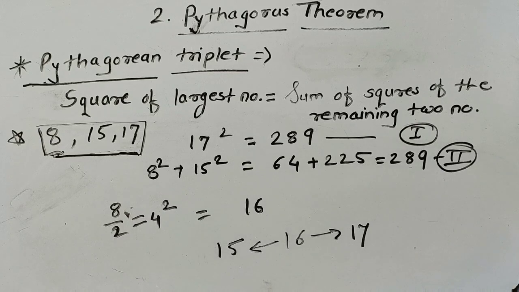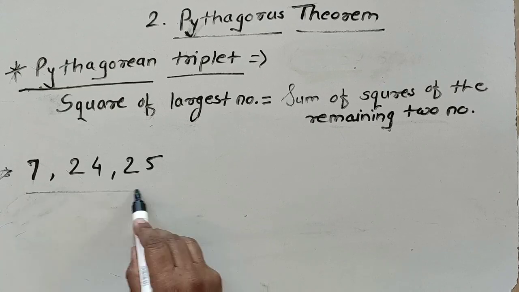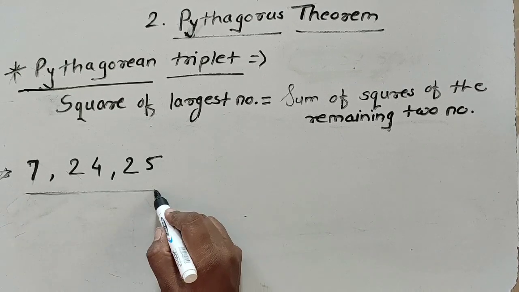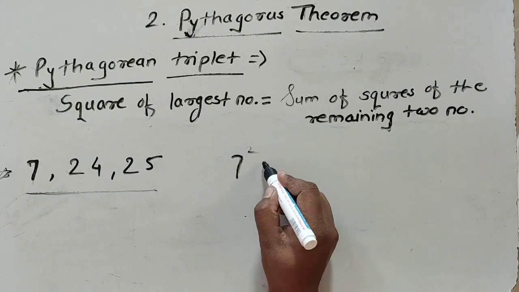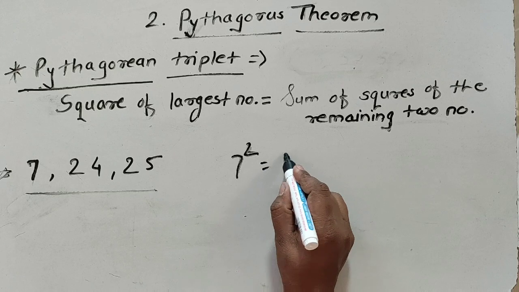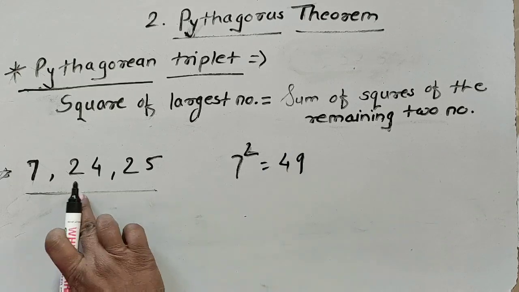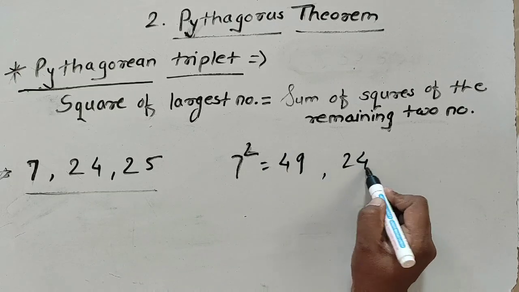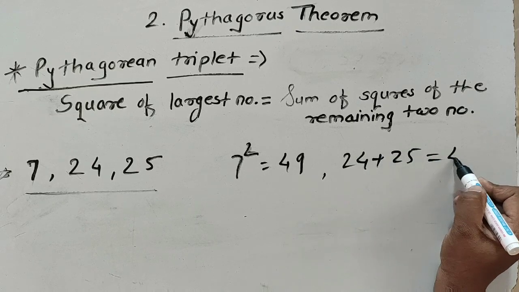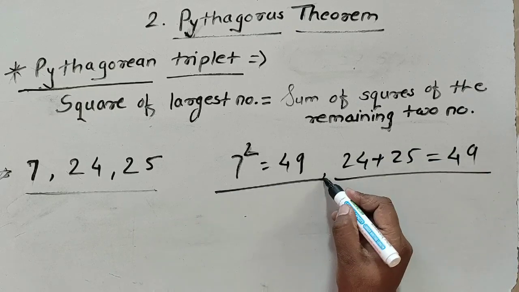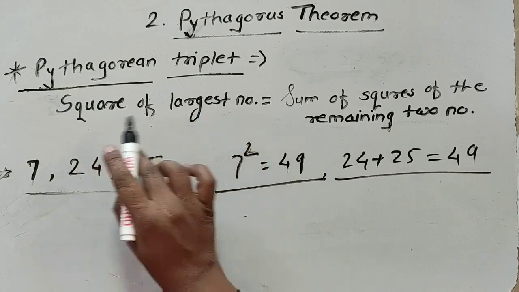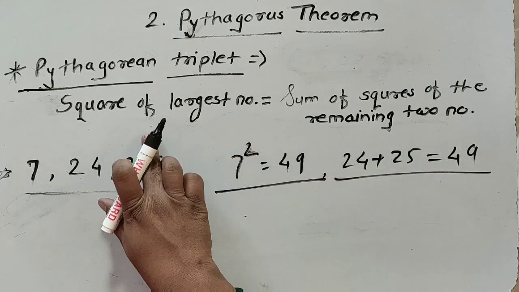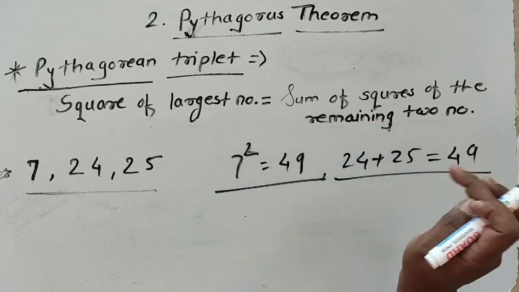Given numbers are a Pythagorean triplet or not. Now we will check whether this is a Pythagorean triplet or not. As per our rule, 7 square is 49, and the sum of these two numbers, 24 plus 25, is also 49. So in short, this is a Pythagorean triplet, but we will also check as per our rule, that the square of the largest number is equal to the sum of squares of the remaining two numbers.